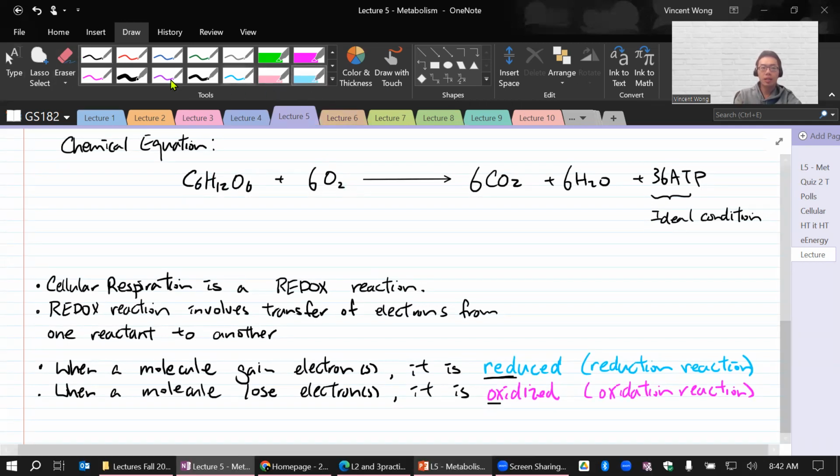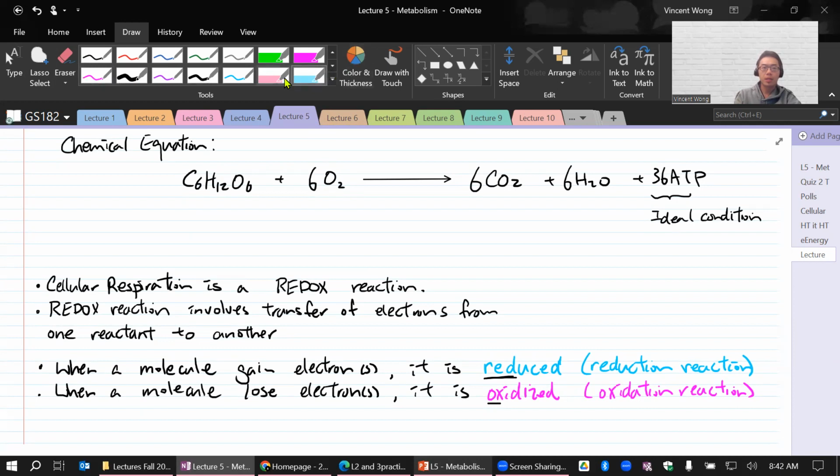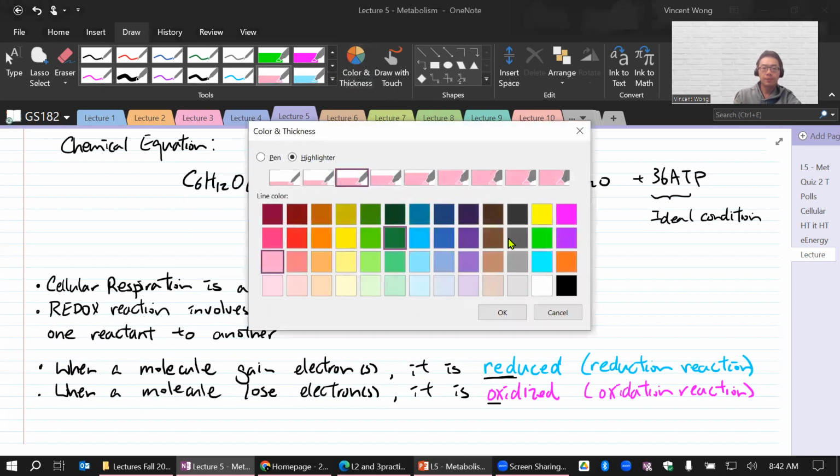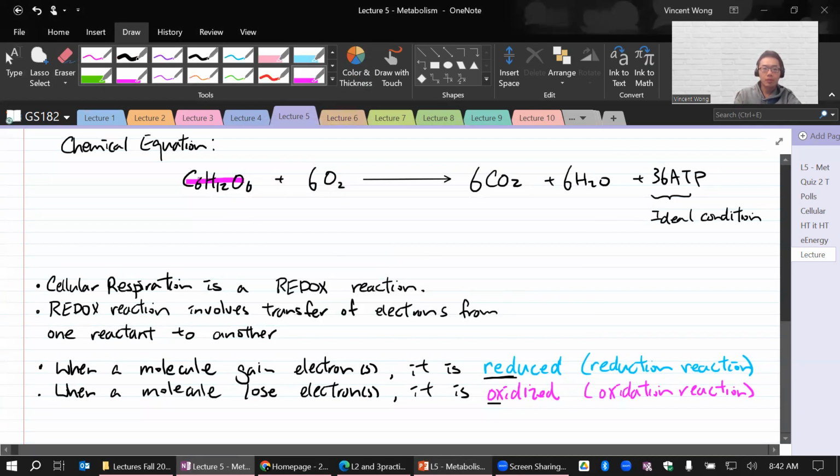So let's go back to our chemical reaction here. Which one is going to be oxidized? Which one is going to be reduced? Well, the glucose is the one that is going to be losing electron.